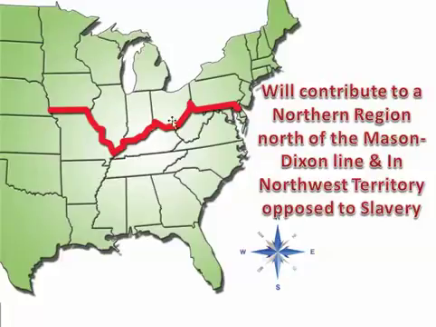But eventually, above the Mason-Dixon line, we're going to see a lot of emancipation and the abolitionist movement kick off. And when that happens, this whole northern region will become opposed to slavery.